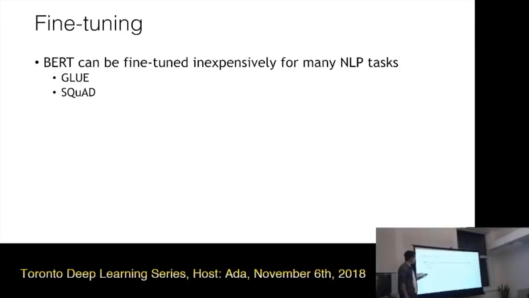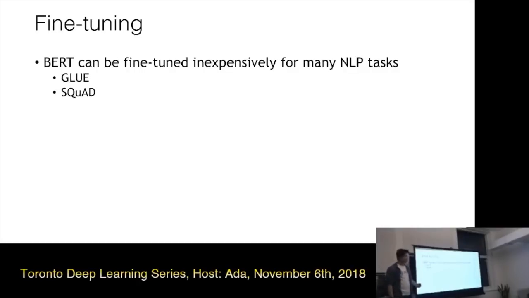So, in the paper, they talk about 2 results. BERT can be fine-tuned inexpensively, and we'll see just how inexpensive it is. They talk about GLUE, which is a set of different natural language understanding tasks, and SQuAD, which is the Stanford Question Answering Dataset.